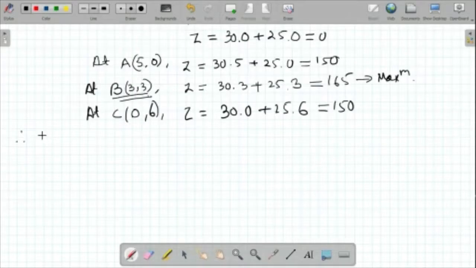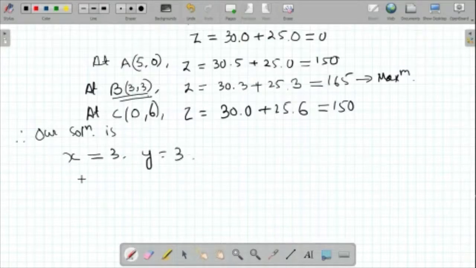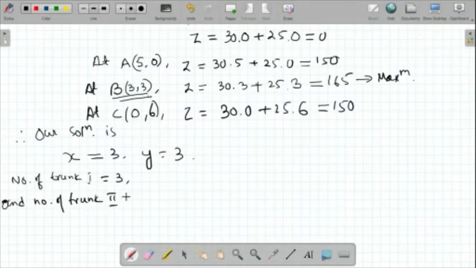Therefore our solution is x equals 3, y equals 3. That means the number of trunk 1 is 3 and the number of trunk 2 is also 3.